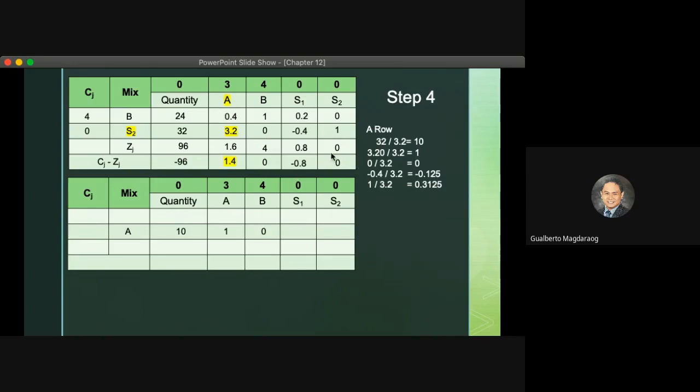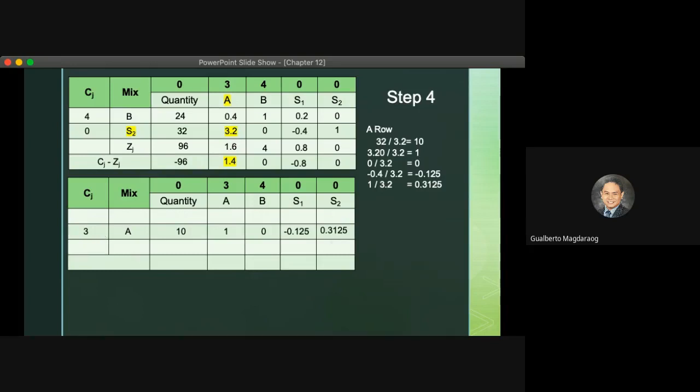Negative 0.4 divided by 3.2 is negative 0.125. And then 1 divided by 3.2, that's 0.3125. And then copy paste the contribution margin to the first column. That is 3.